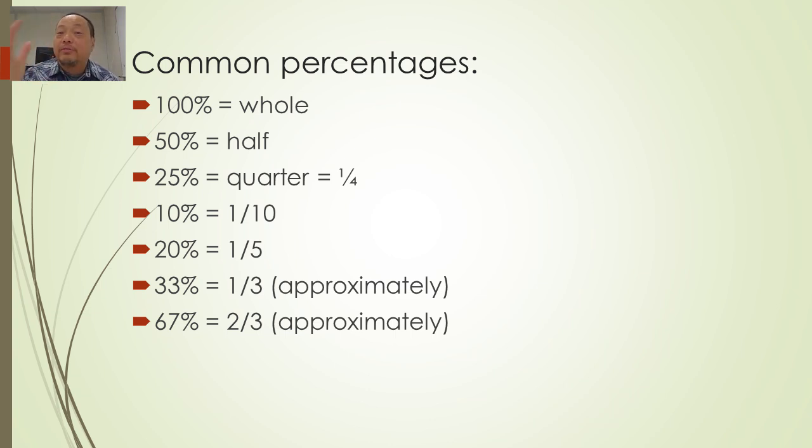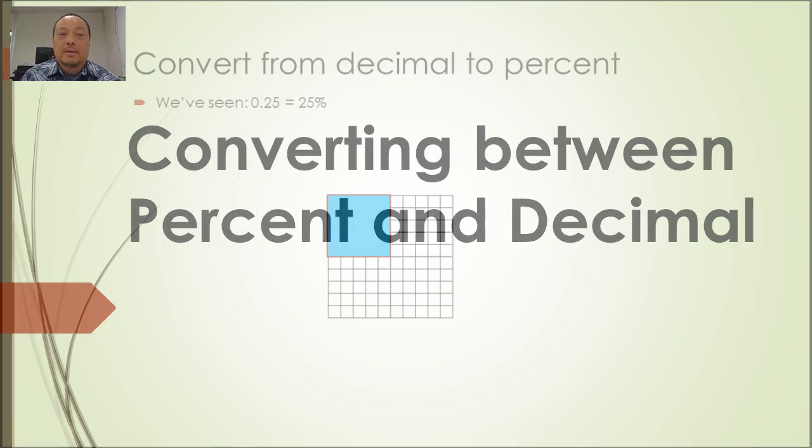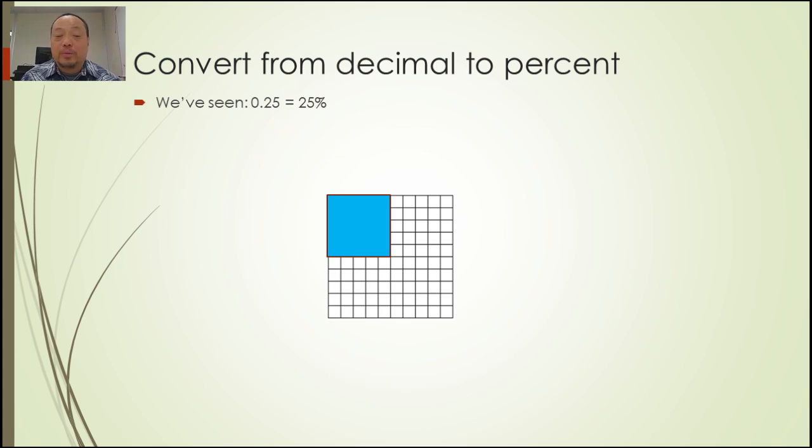Now let's talk about converting percent to and from other forms. First, let's look at converting from decimal to percent. We already know that 0.25 is equal to 25%. Notice that they both represent the same quantity, the same fraction, the same 1/4 of a whole. They just look different.